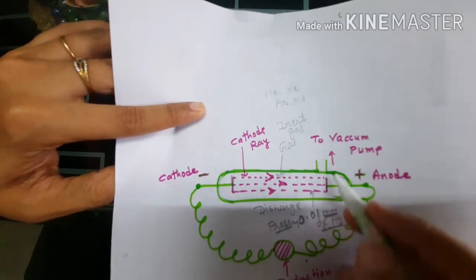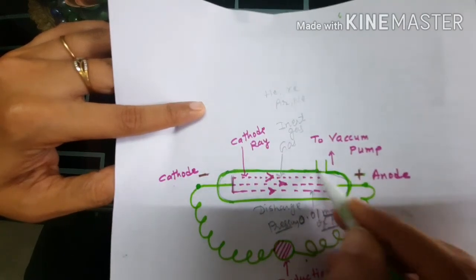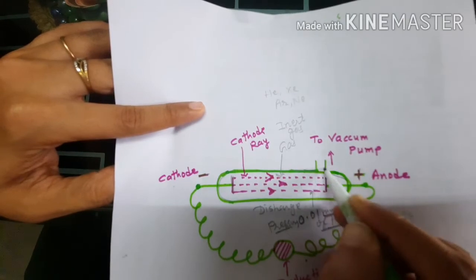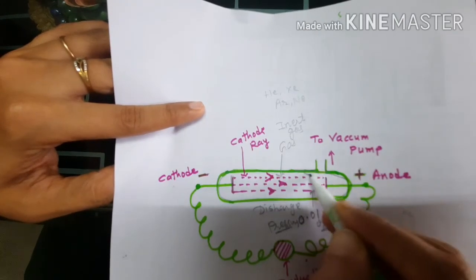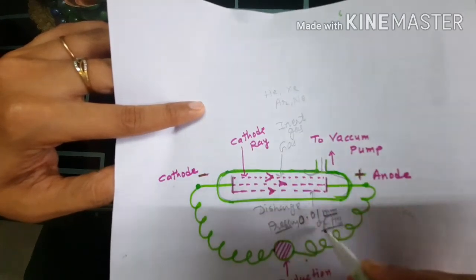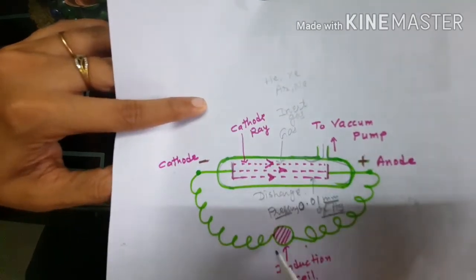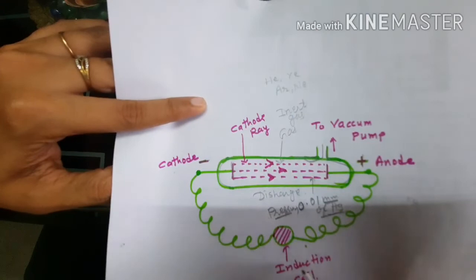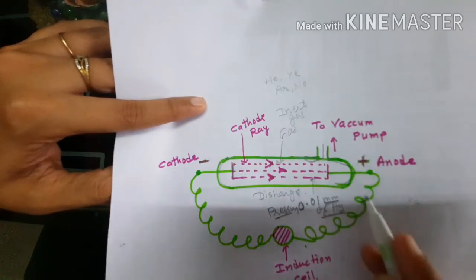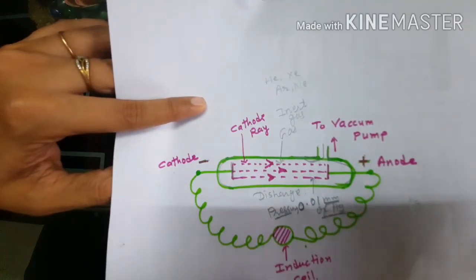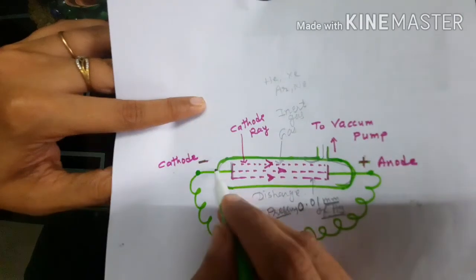That pressure is maintained through this vacuum pump attached here. Through this the pressure is maintained in the tube, and a very high amount of electric current is passed through this induction coil.